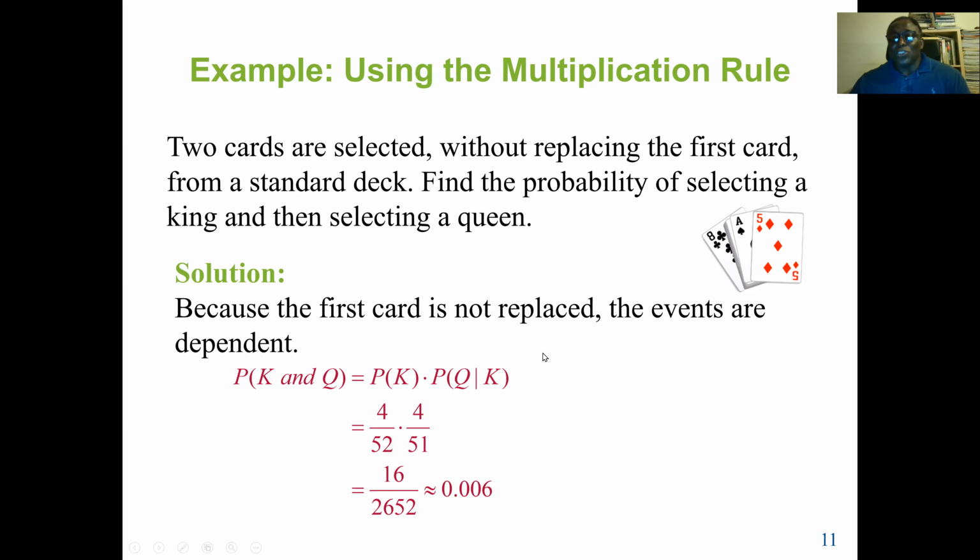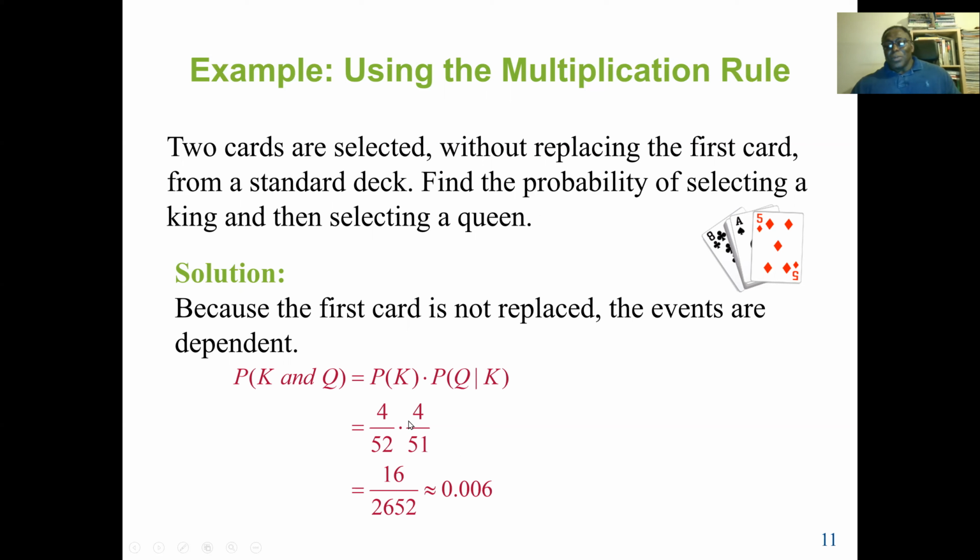Because the first card is not replaced and the events are dependent, probability of K and Q equal to probability of K times probability of Q given K. Q will be our queens and K will be our kings. Find the probability of selecting a king, then selecting a queen.